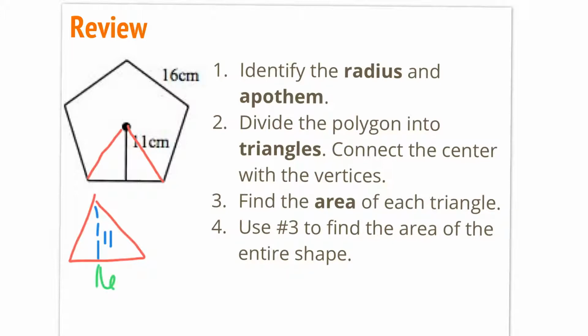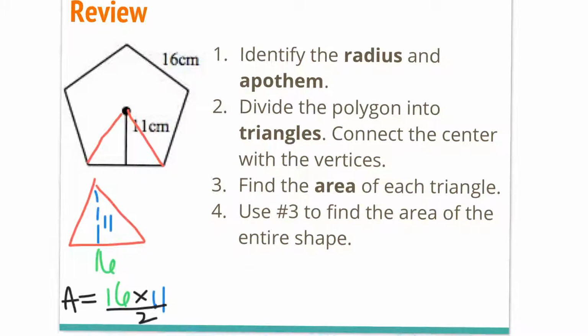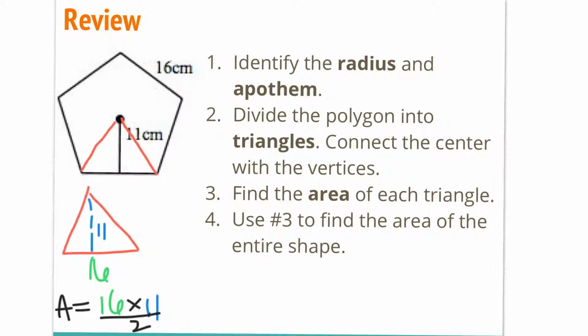So the area of the total triangle would be 16 times 11 divided by 2. Hopefully that shows up. Let me move this up. There you go. 16 times 11 is 176.